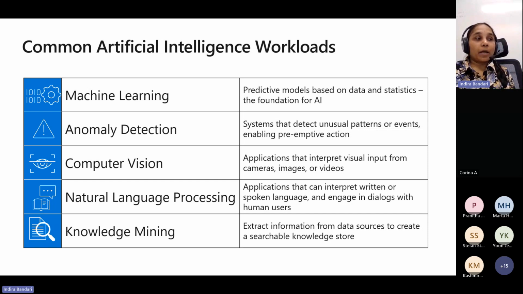Okay, and it may allow users to send a photograph of a damaged vehicle, or use computer vision to assess the damage. Once you submit the photograph, computer vision is the workload used to assess the damage.